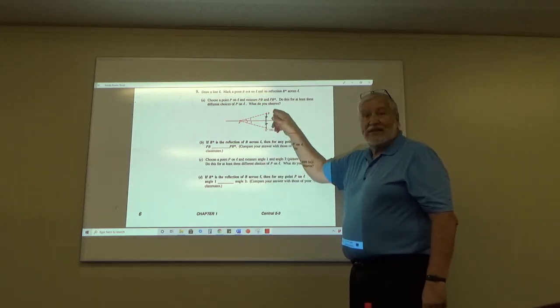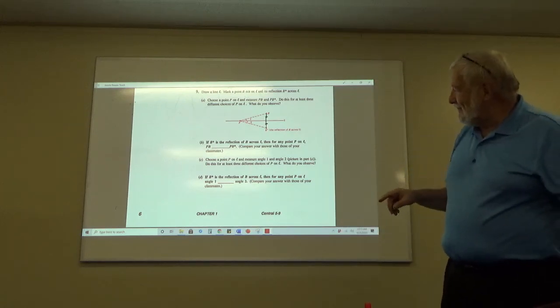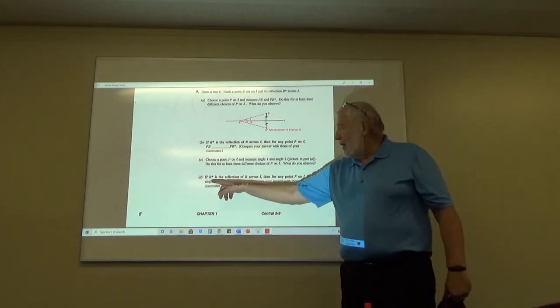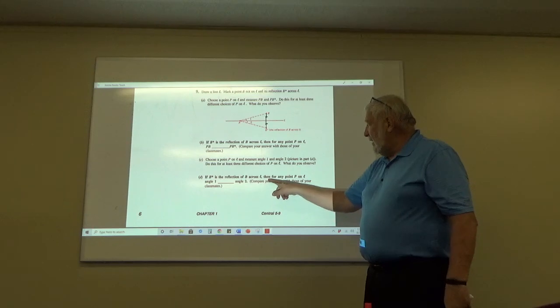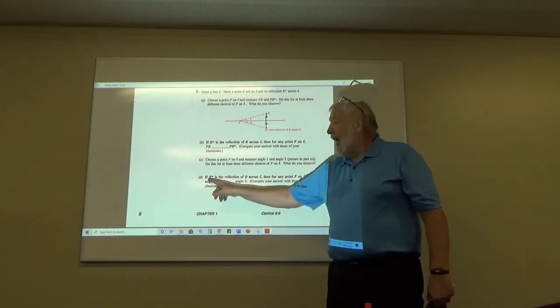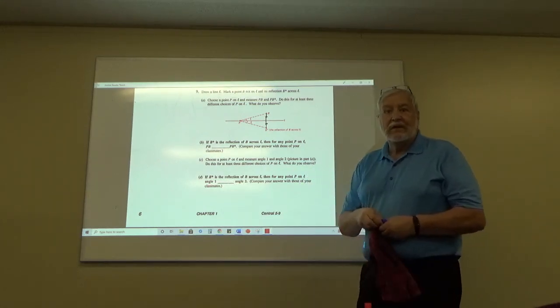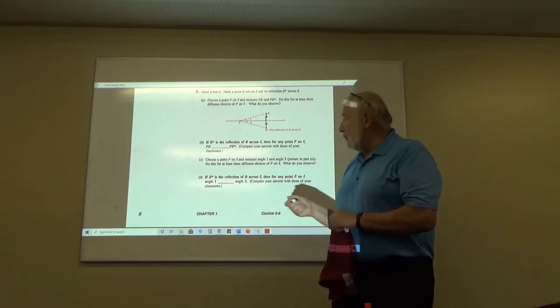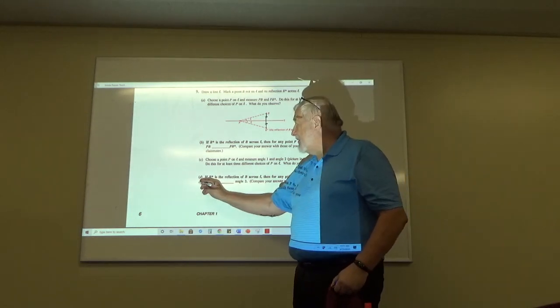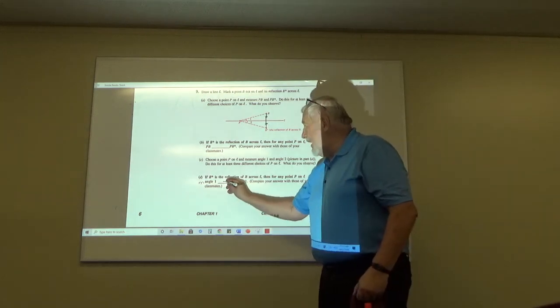Now, choose a point P and measure A and B. So you're going to begin to see this. If B prime is a reflection of B, then for any point P on line L, angle 1 is congruent to angle 2. If this said the measurement of angle 1, we would have equal here.